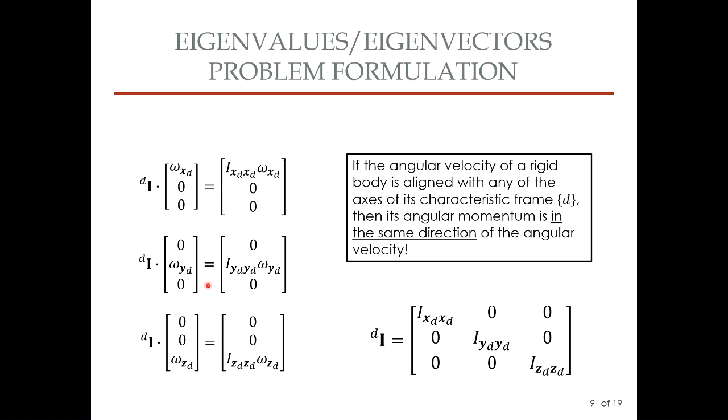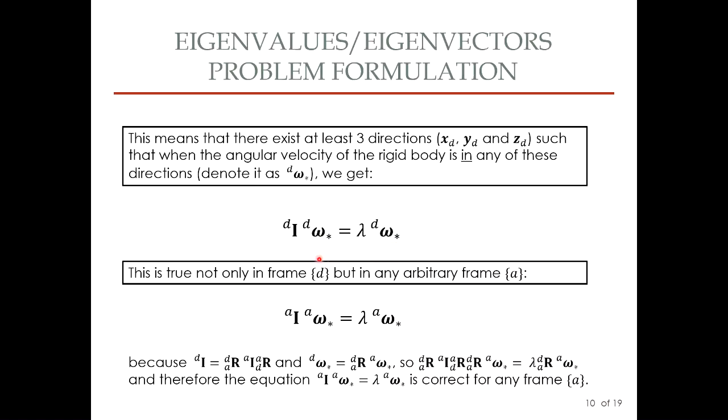Similarly, if your omega is in the yd direction purely, then your scalar, this lambda, should be the iyy. This scalar moves from omega to h. So from omega to h, this lambda can either be ixx, iyy, izz of that diagonal inertia tensor in frame D. I'm kind of preparing the ground for you to notice that.